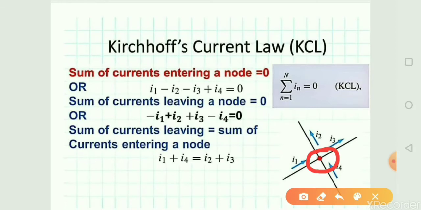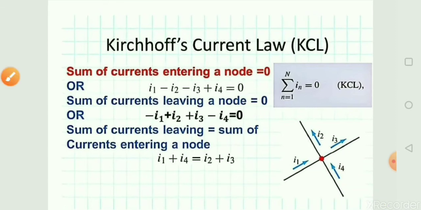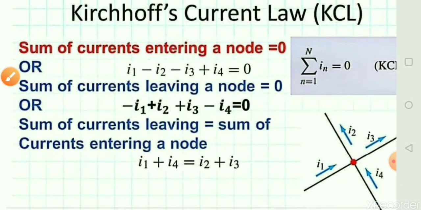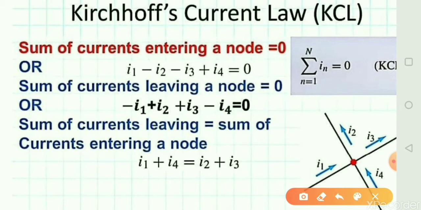Let us say we have a node in a network. Here are 4 currents I1, I2, I3 and I4 in the 4 branches respectively.